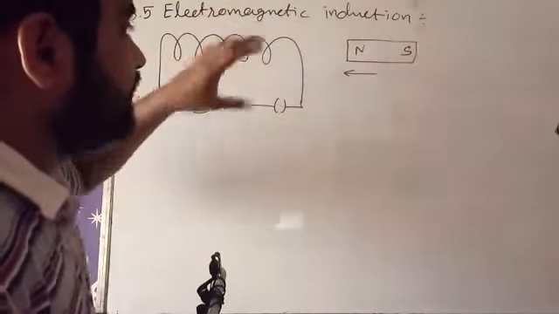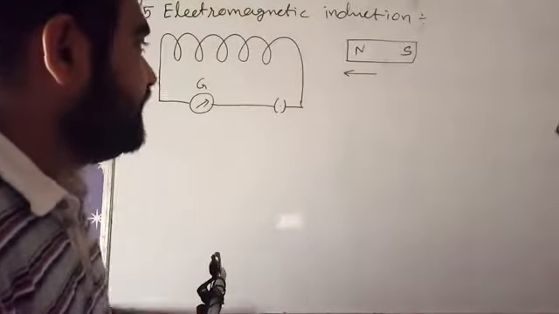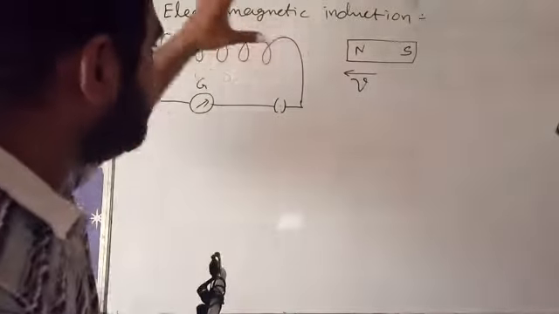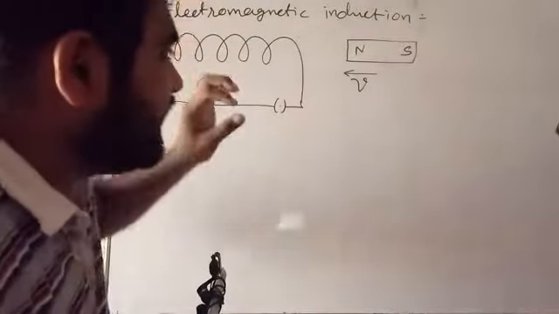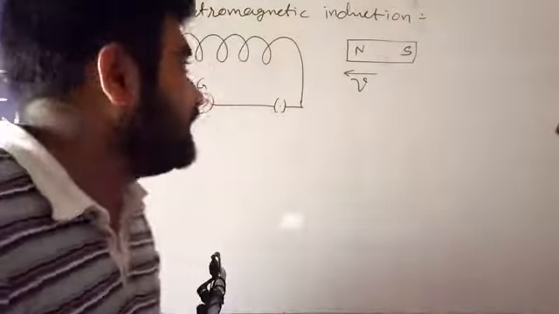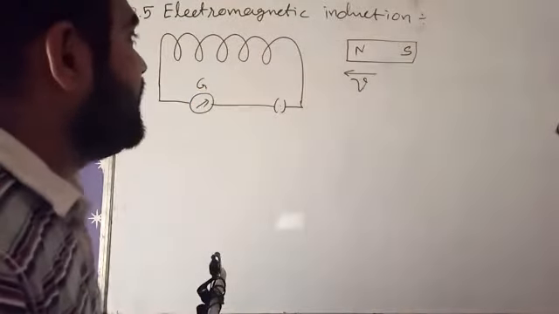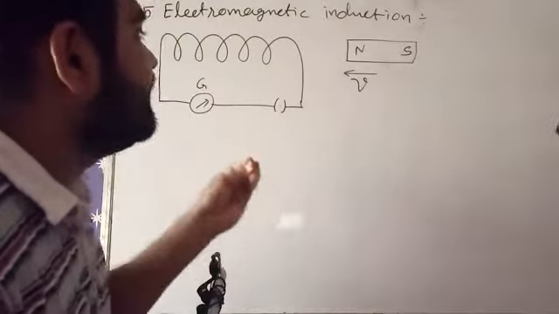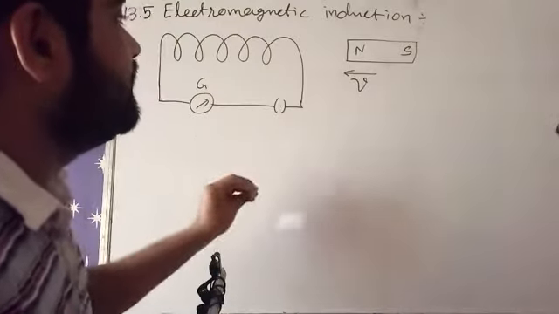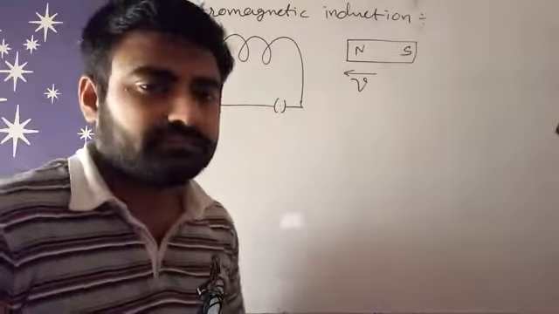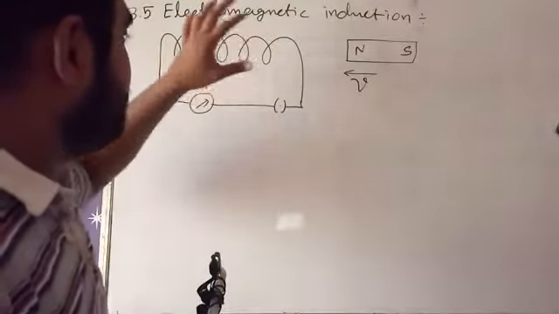So the magnetic flux keeps increasing, right? Because the velocity is v, the flux keeps increasing. Because of that varying magnetic flux, we get induced EMF all over the circuit, and the induced EMF creates induced current in the circuit, and that's why the galvanometer is deflected. So that is the first phenomenon.